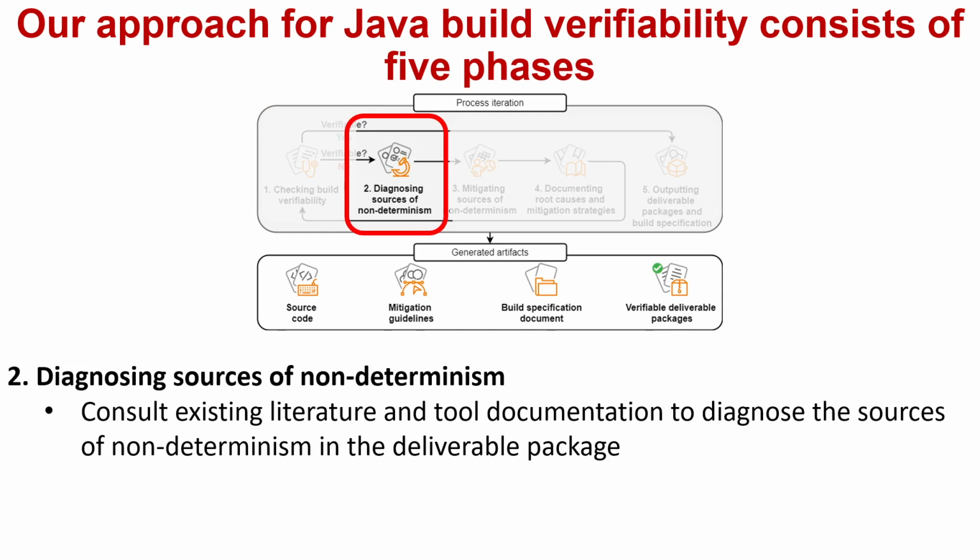In phase 2, we try to identify the root cause of the non-equivalences in the 2 deliverable packages generated in phase 1. We do so by studying the existing research literature and tool documentation, and using binary visualization tools such as diffoscope to spot the differences between the generated deliverable artifacts. We also compare the text-based representations line by line to examine the differences.